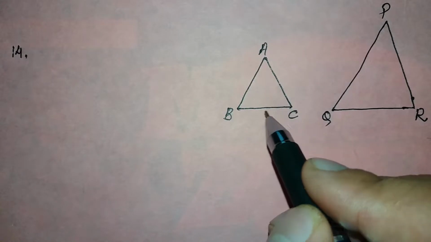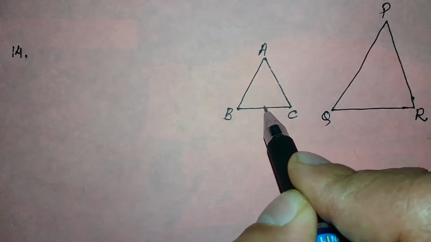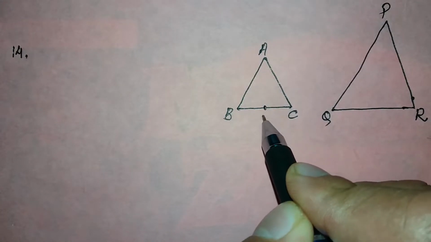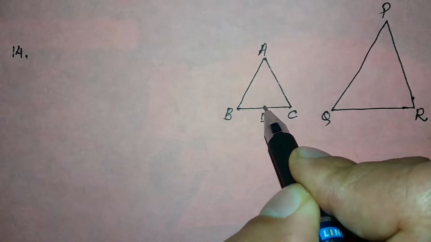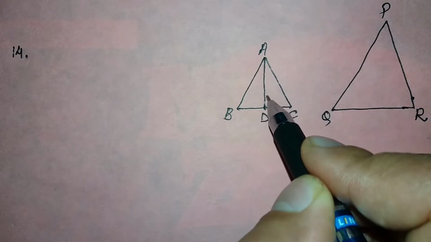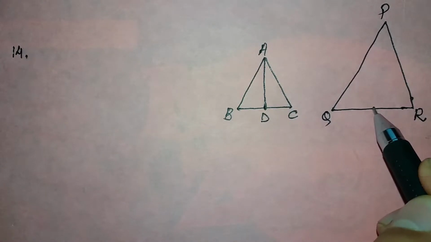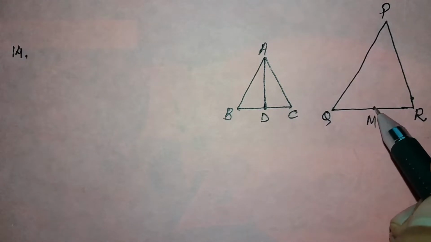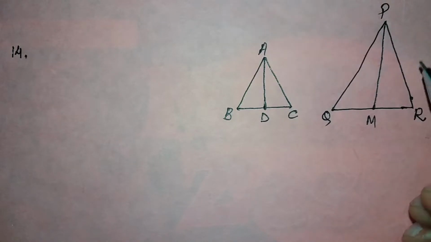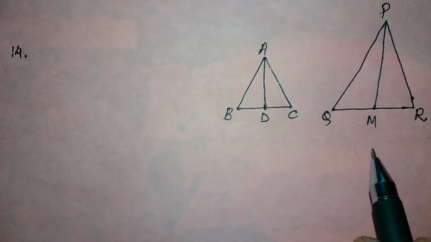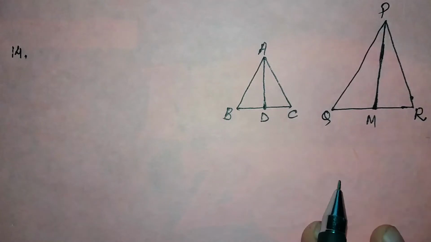We have medians of these triangles. Now let's take a midpoint here and join it to the opposite vertex. Now this is the median, and again we'll take the midpoint here and join it with the opposite vertex. Now this is the median of the second triangle. So we have two triangles ABC and PQR.